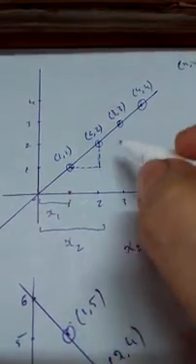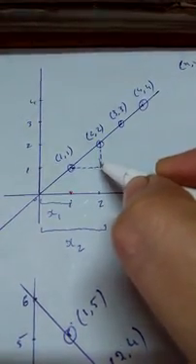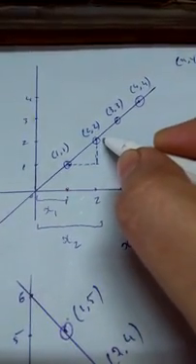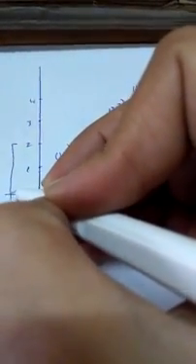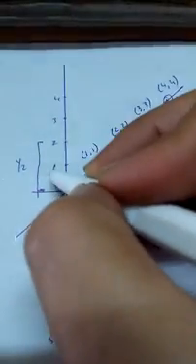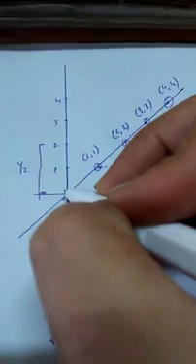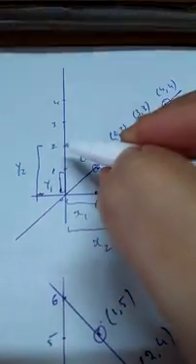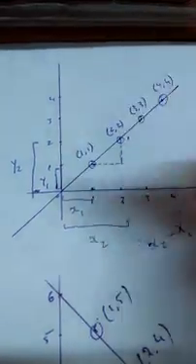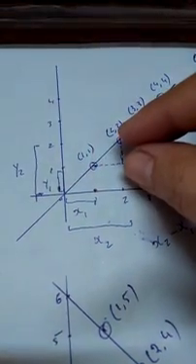In the same manner, you need the length of this line segment as well. From point 2 to the origin, the distance is y2. I'm just using notations here, and from the origin to point 1, this length is y1. You need this much length, which is equal to this much length.